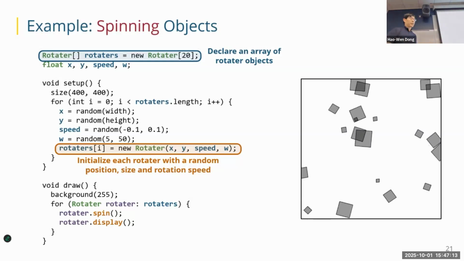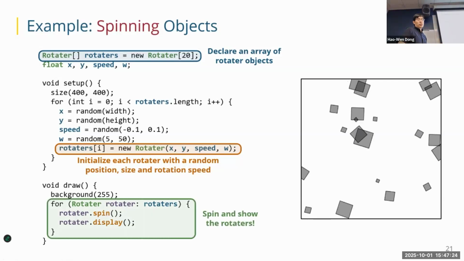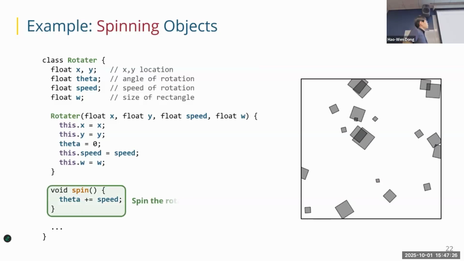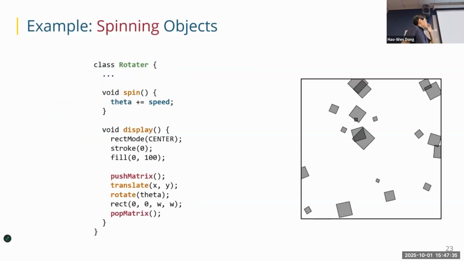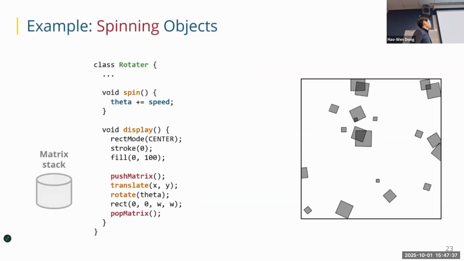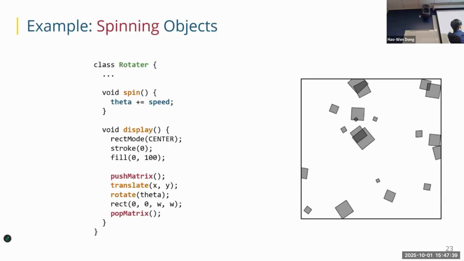So this is very tricky, right? Because if you think about how you want to write it, it will be rotator.spin and rotator.display. But how do you enable that? Again, theta plus equals speed is how you spin the rotator. But essentially you do this through the display function.